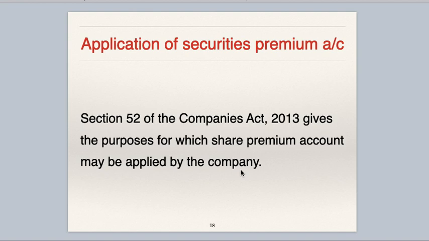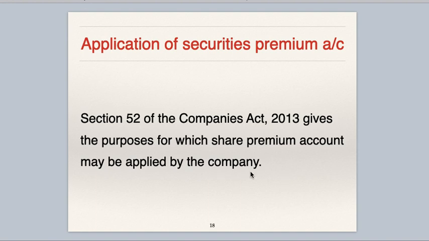Company can use this securities premium account for writing off preliminary expenses or for writing off discount on issue of debentures, shares. This securities premium account can be used for providing premium on redemption of redeemable preference shares or for giving premium on redemption of debentures.